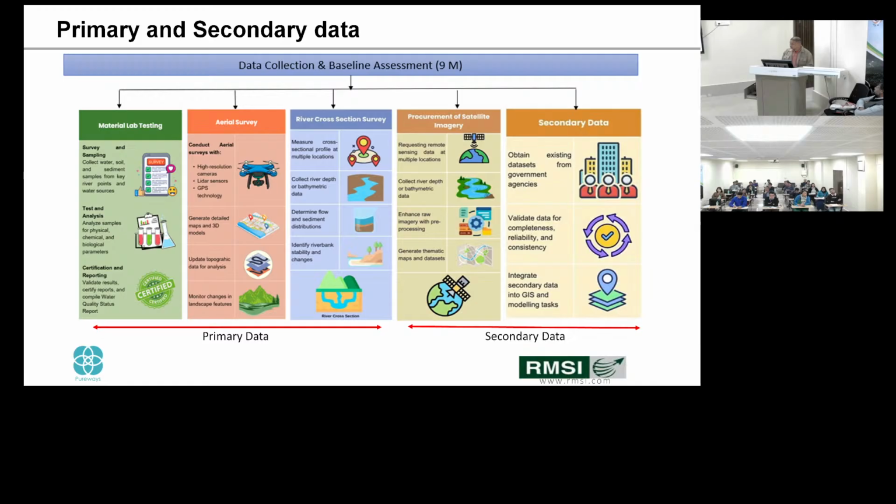And next is the secondary data, which is going to be procured from different stakeholders, state stakeholders, and the different central departments, which will be used in conducting the hydraulic and hydrology assessment of a river basin.